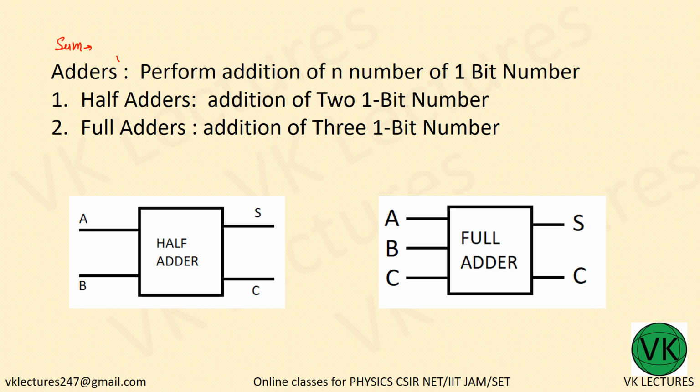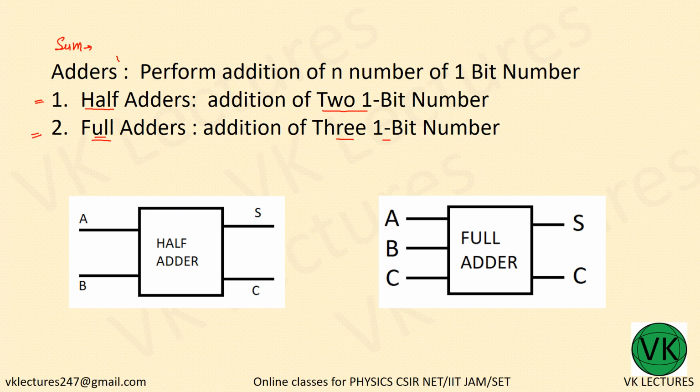So it is called an adder. It performs addition of n number of 1-bit numbers. There are two kinds of adders: the half adder and the full adder. There is no relation between half and full here. It simply means that the half adder has two 1-bit inputs, while the full adder has three 1-bit inputs.